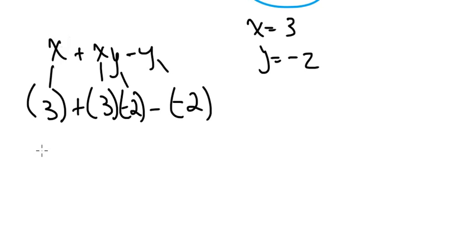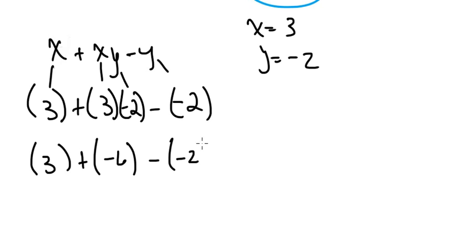Okay, so we drop down and we do our next step, which is we reproduce what we're not going to be using. We have the 3 in parentheses plus, and then we have 3 times negative 2, which is what? Negative 6. Okay, and then we have the minus 2.